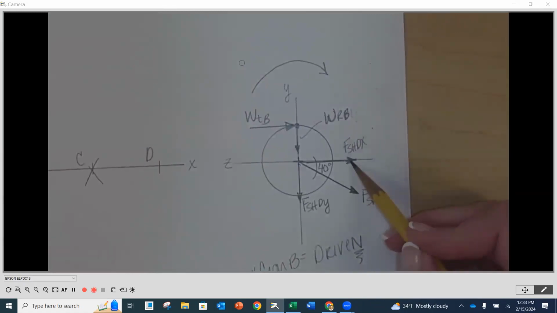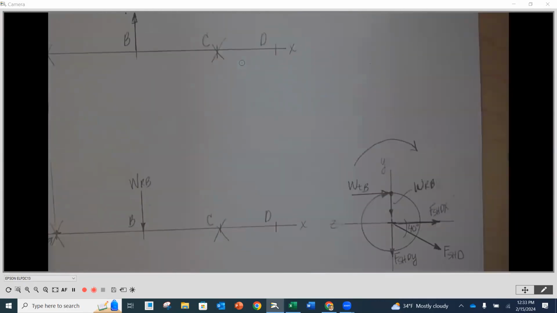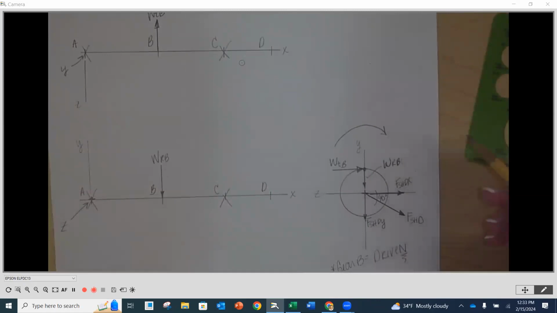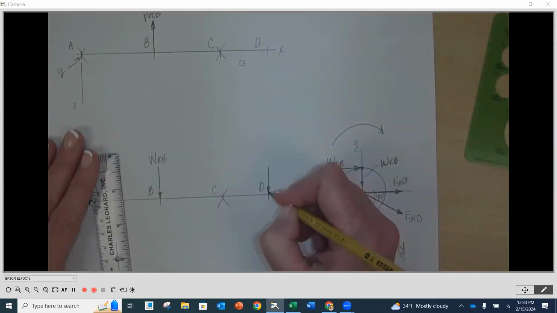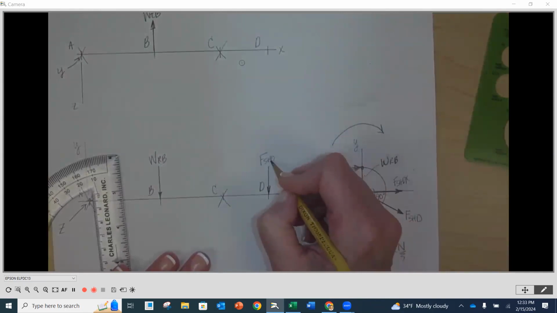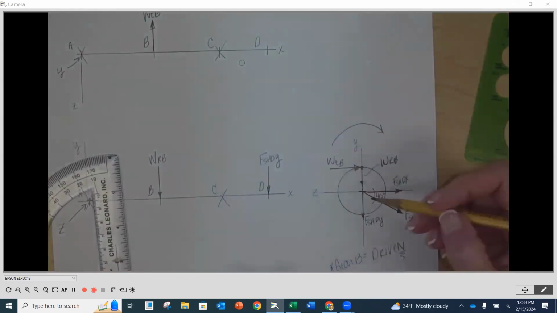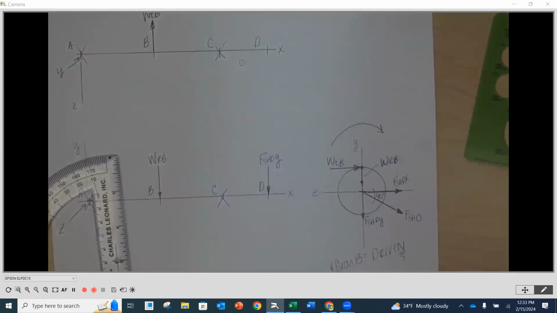So now we need to show those directions in our front and our top views. So the Y is going to come down. I'm going to show that one again, whether you show it going down this way or just show them both from the top going down. This is going to be F, S, H, D, Y, right? So it's this one just moved along its line of action. Doesn't matter which way it goes.